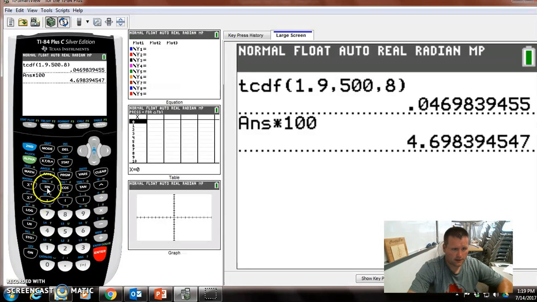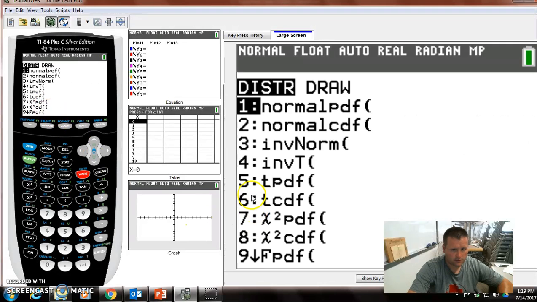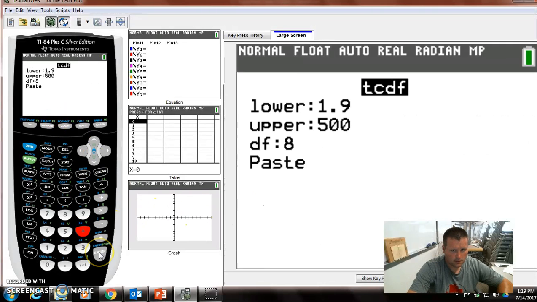And then that second one, again, we just go second var. We go to option number 6 here, and our lower bound was the negative 500, or your favorite low number. And then our upper bound was negative 1.36. And then my degrees of freedom were 20.